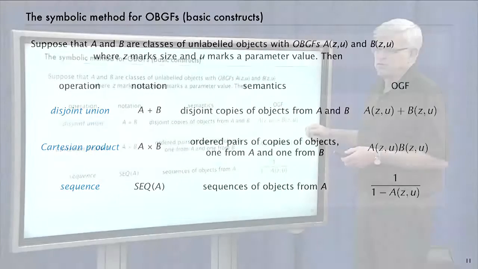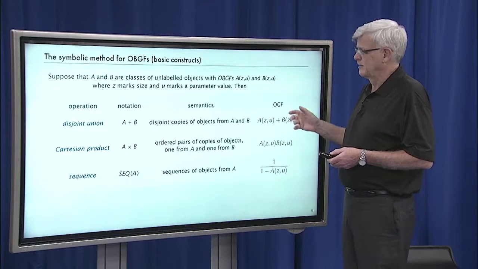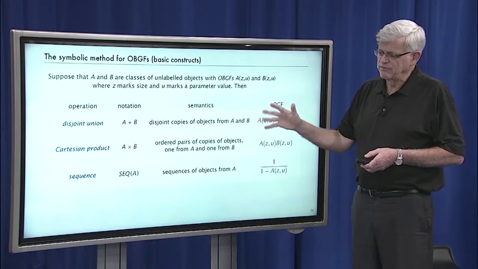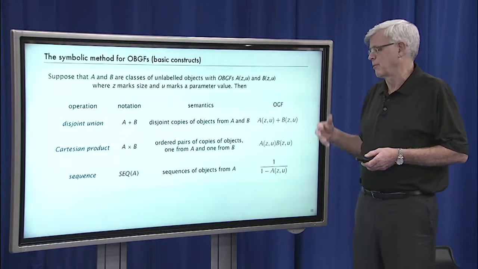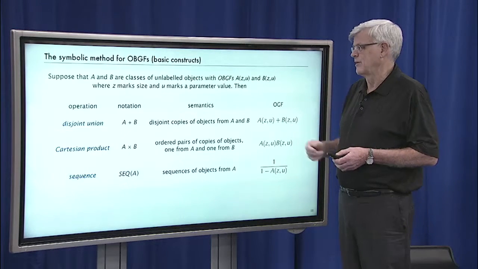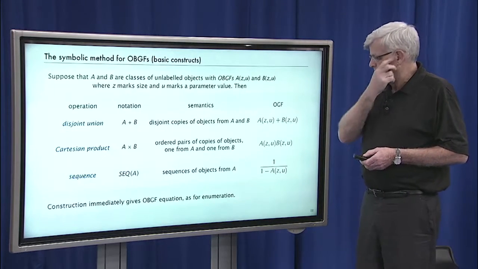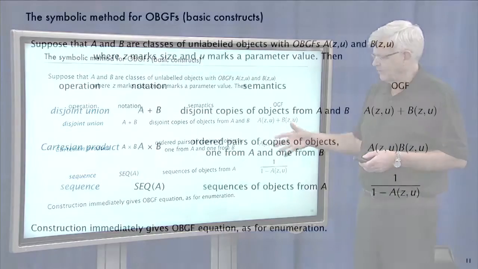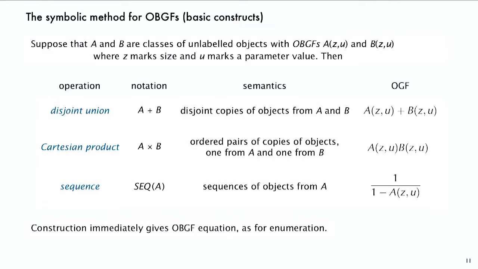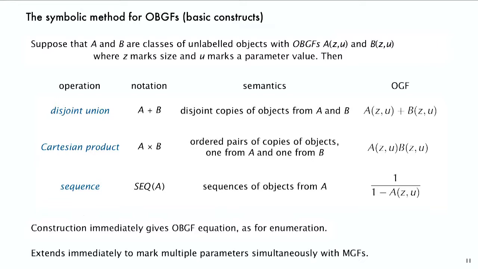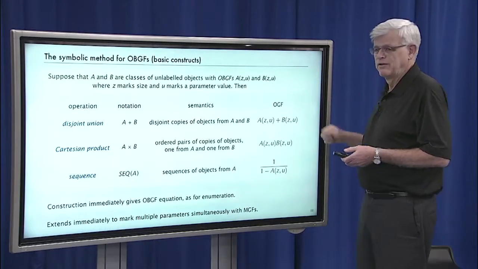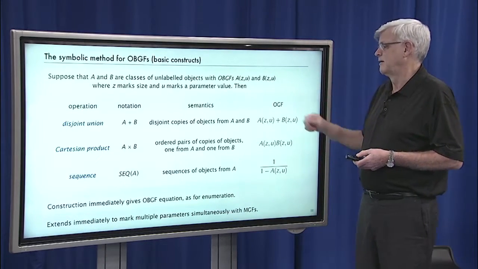Now what we do with those expressions is a bit more complicated, but the generating function equation part of the problem is very much as before. So immediately we get the ordinary bivariate generating function equation. Also, if we wanted to include other variables, we could expand this transfer theorem to hold for generating functions that have multiple marked parameters.